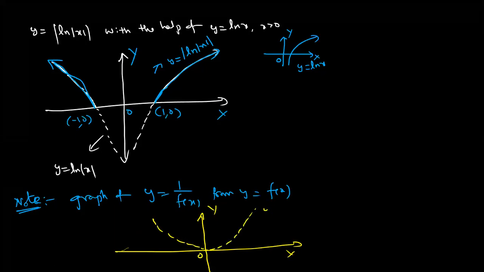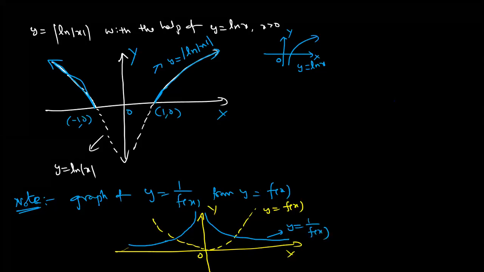Suppose this is y is equal to f of x. What if I take the reverse process diagram? It comes like this. This graph is y is equal to 1 by f of x.